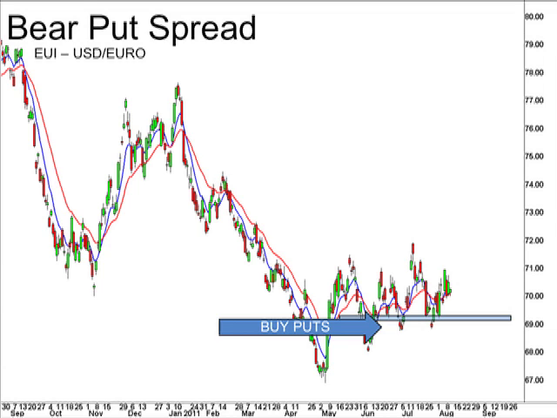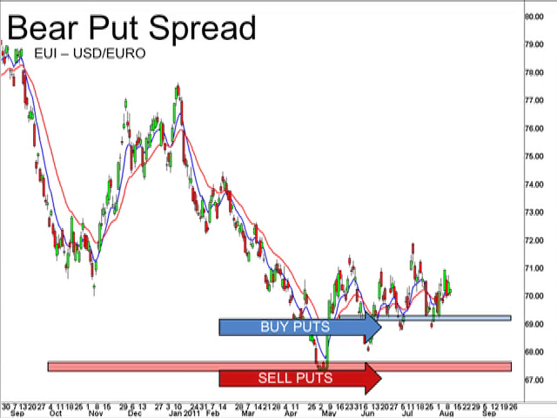With that in mind, we can use the same observations to create a bear put spread. With the bear put spread, we have to have a directional bias and an entry point. So we can still buy our puts at that 69 strike, but ultimately what we're going to do is sell off the puts below the 67 support level, and that will allow us to capture the difference between the strike prices minus the premium we paid.